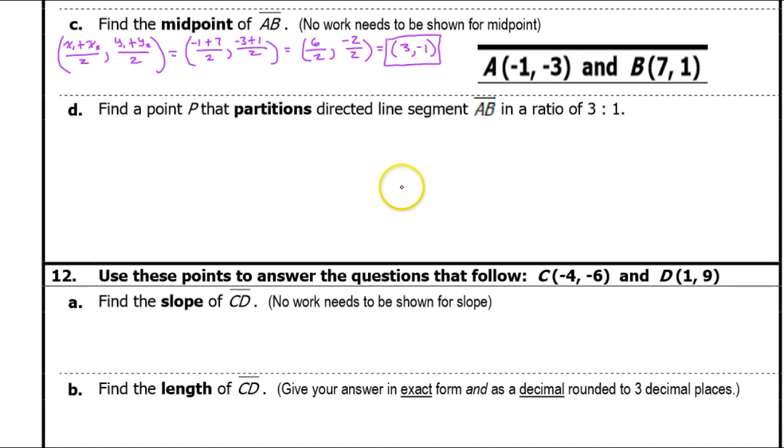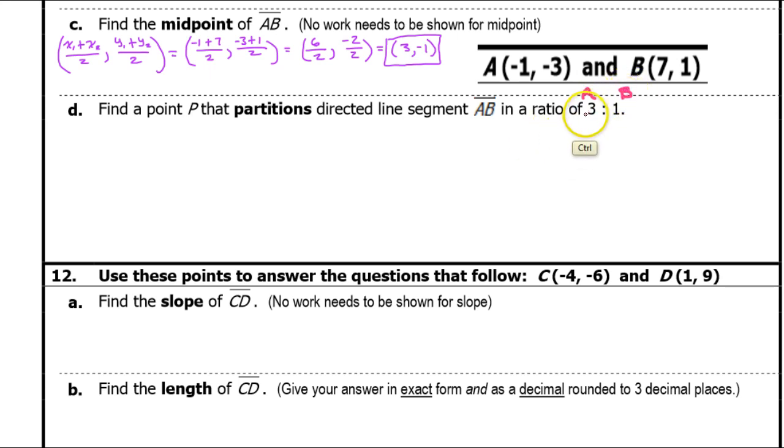Alright, next we are being asked to partition or split segment AB so that it has a ratio of 3 to 1. Now the order matters. So when they say AB, that means the A will be associated with the 3 and the B will be associated with the 1.